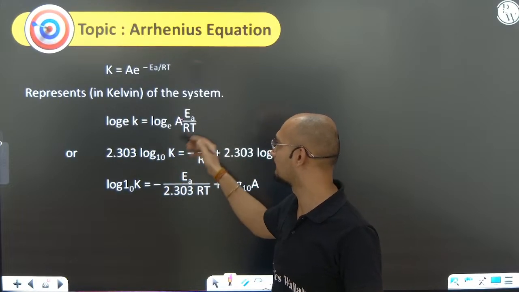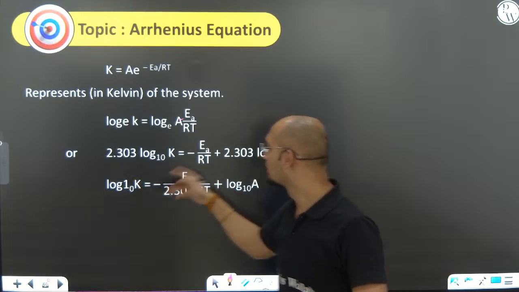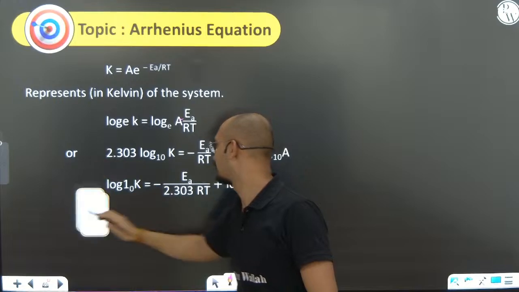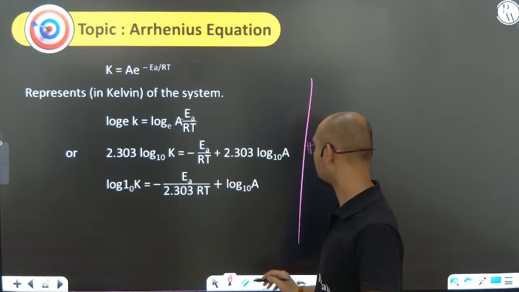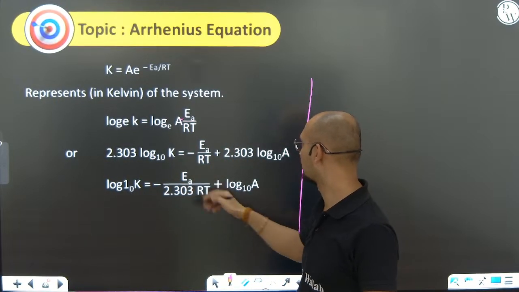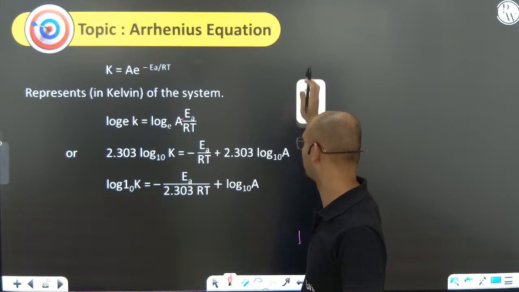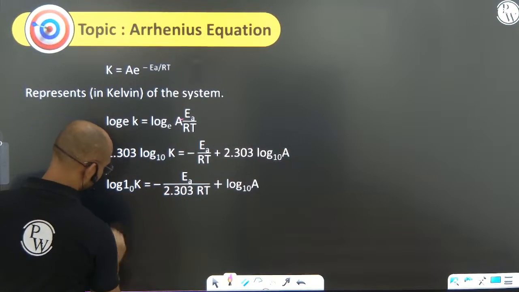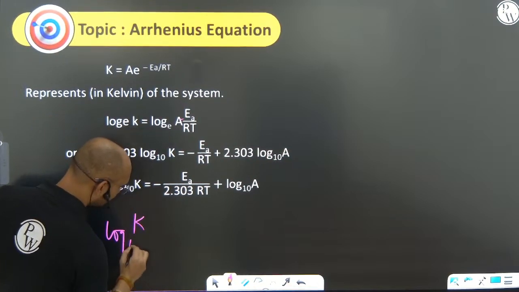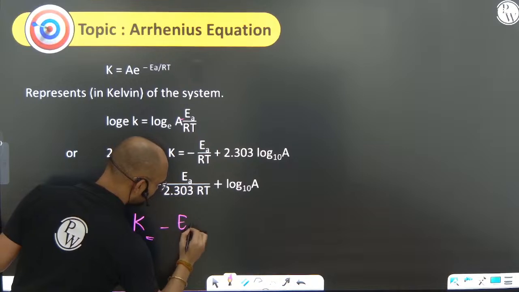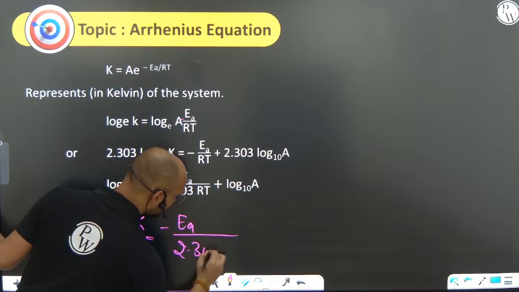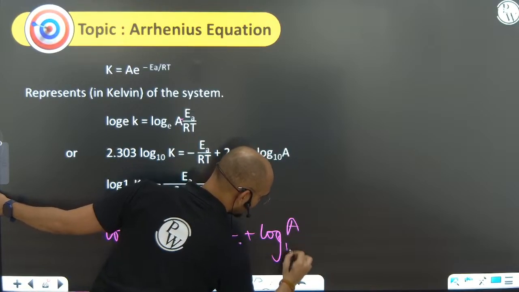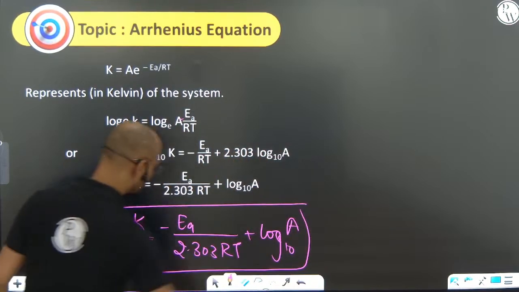Then with 2.303, log K base 10 equals minus EA by 2.303 RT plus log A base 10. This is the form we get after taking log.